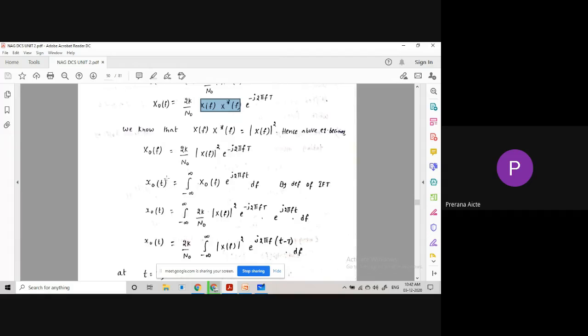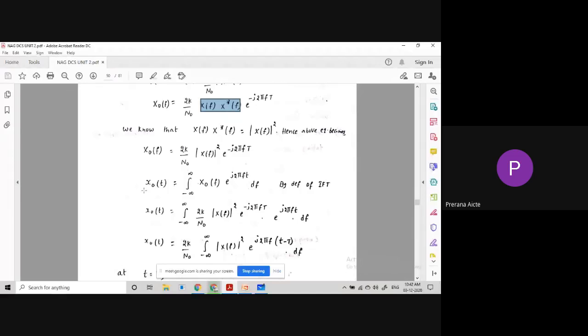Then write the expression for x naught of t from the inverse Fourier transform expression. In the continuous domain, x naught of t equals the integral from minus infinity to infinity of X naught of f into e power plus j2 pi ft df, which is from the definition of the inverse Fourier transform. Simply we are substituting X naught of f with the above equation.